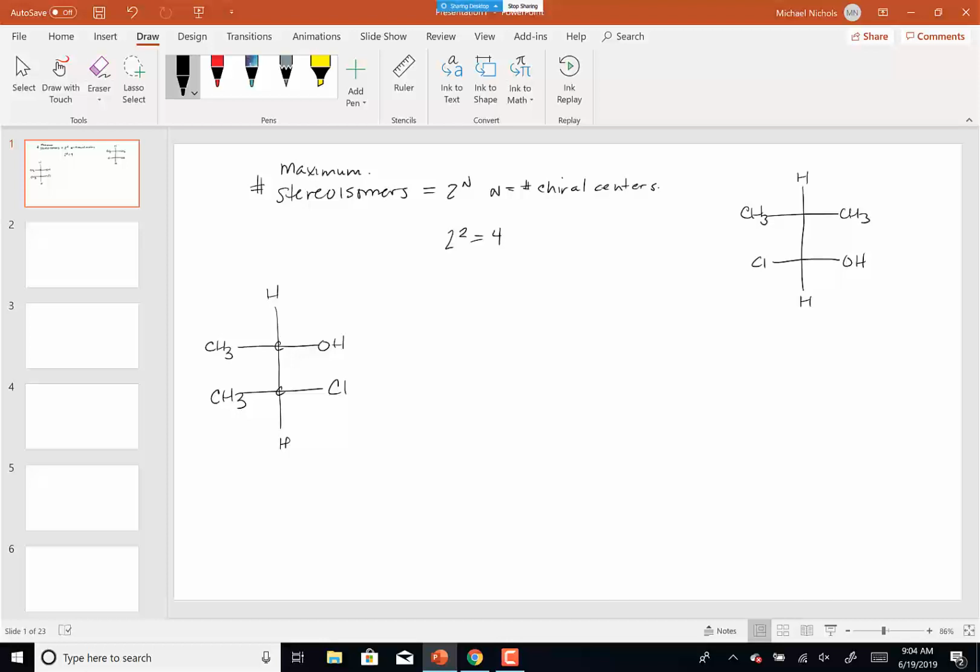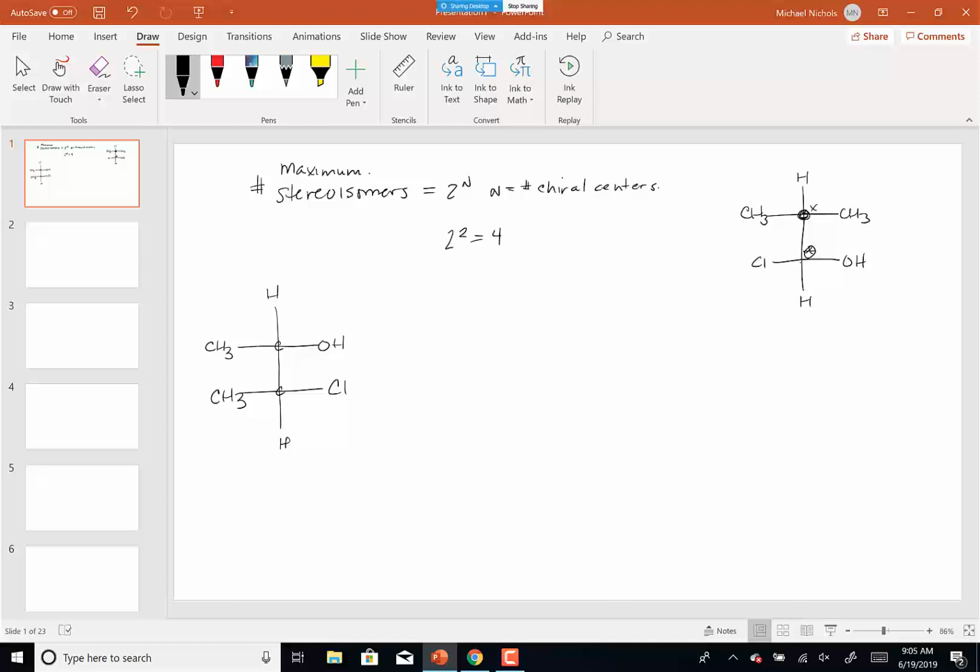For instance, this carbon right here is not chiral because it's got 2 groups that are the same. I can cut that carbon in half with a mirror plane of symmetry. Now, cutting that carbon in half is different than cutting the molecule in half, which we're going to get to. In this case, the only chiral center in this molecule is this one.